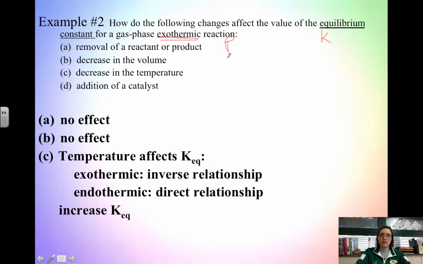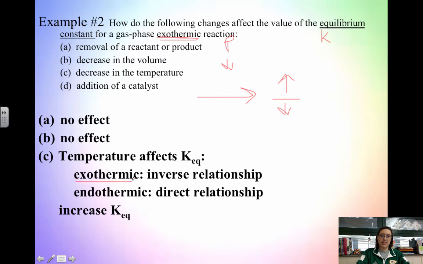So if you decrease the temperature, you're taking away product, which means it has to shift to the right in order to make more heat, which means now when it comes to the constant, you have a bigger number on top, you have a smaller number on the bottom, so you're actually going to be increasing KEQ.